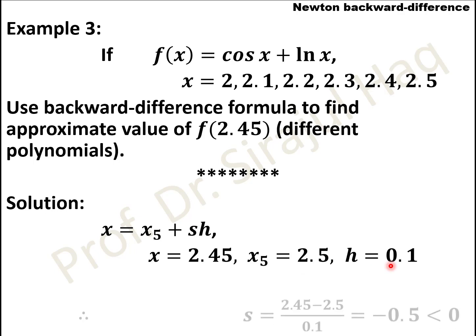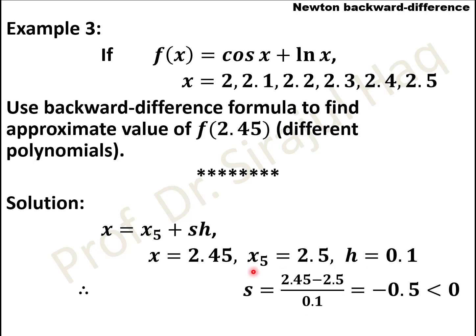So x minus x5, 2.45 minus 2.5, divided by h gives you minus 0.5. Remember, in backward difference formula, the value of s is always negative. So you can see that this is the negative value.